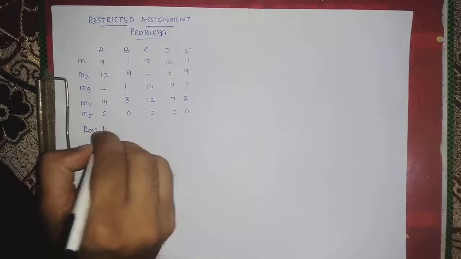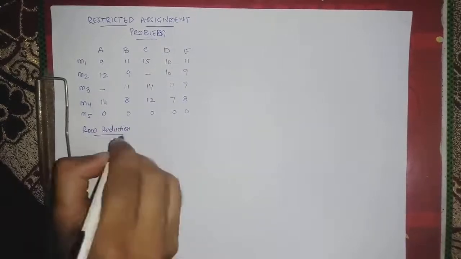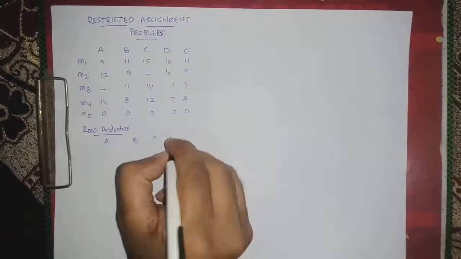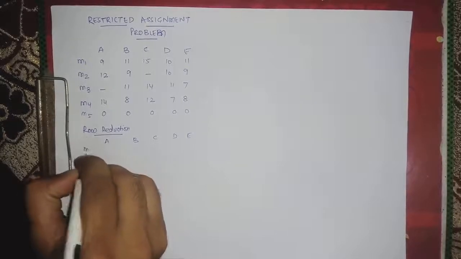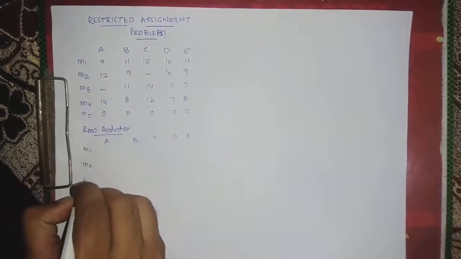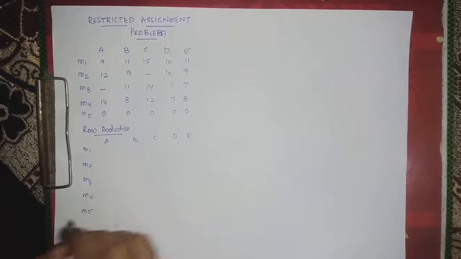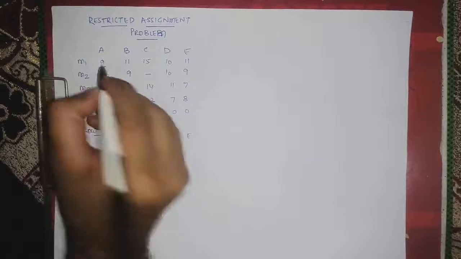Row reduction. So here is row reduction: A, B, C, D, E, and M1, M2, M3, M4, M5. Okay, so what is the smallest element in that row? 9.